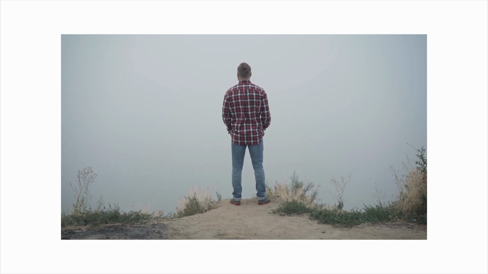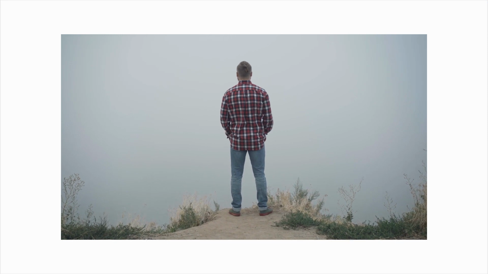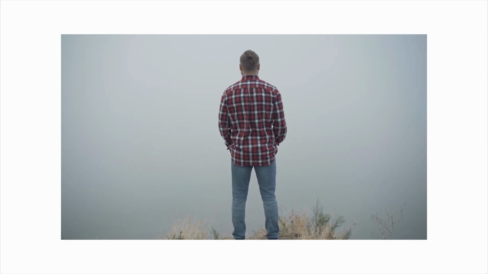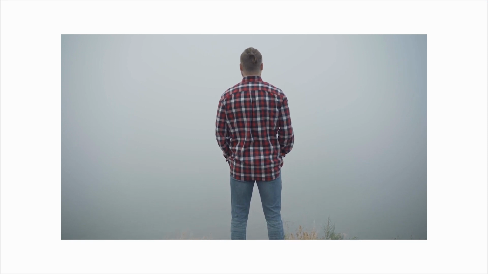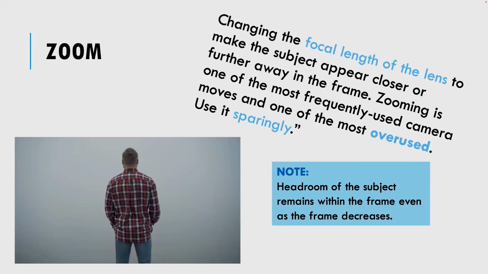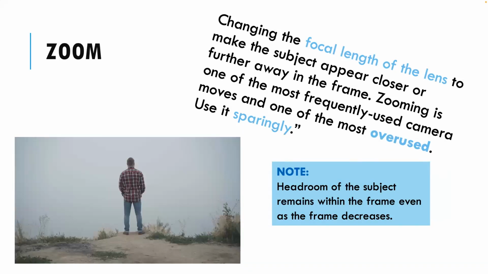You notice that the subject's head remains in the frame, even though the headroom decreases a little bit as it goes. You're going to have to adjust the tilt on the camera ever so slightly as the zoom goes in. You're going to have to tilt up slightly. If you were zooming out, you would tilt down slightly in order to keep the headroom appropriate.